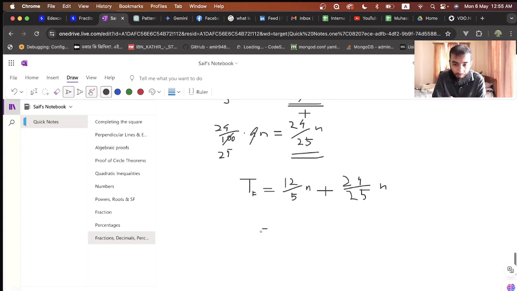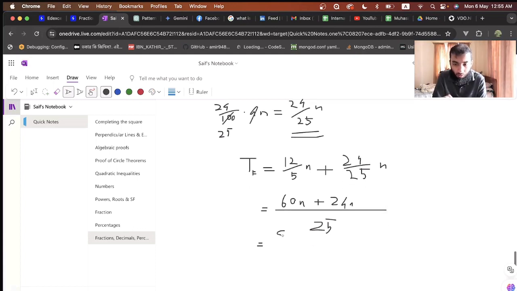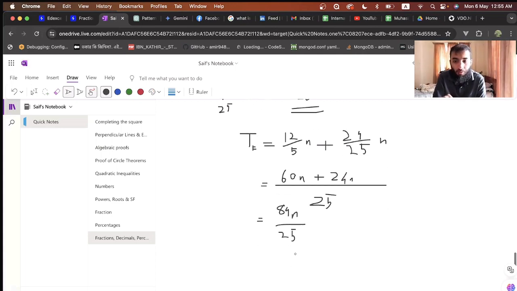If we simplify this, we get 25 as the common denominator, because 25 can be divided by 5. So 5 fives are 25, 5 into 12 is 60, so 60n, plus 25 by 25 is 1, 1 into 24 is 24, so 24n. So this is 84n by 25. This is the total number of people working full time.